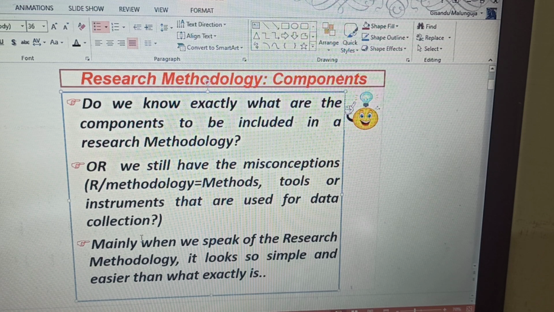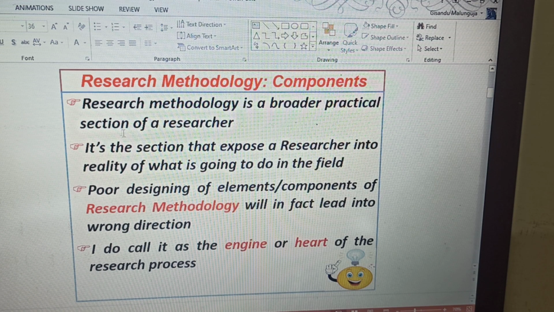That's why, mainly when we speak about the research methods, it looks so simple and easier than what it in fact is in a practical situation. So I found it necessary for us to discuss and find out the important components within the research methodology. Research methodology is the broader practical section of the researcher.